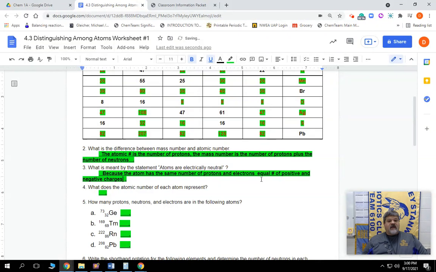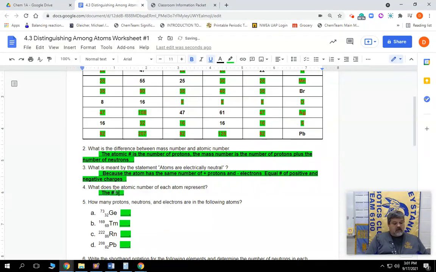So the atom has an equal number of positive and negative charges because remember the positive, and I can put in a plus here, the positive protons and the negative electrons.